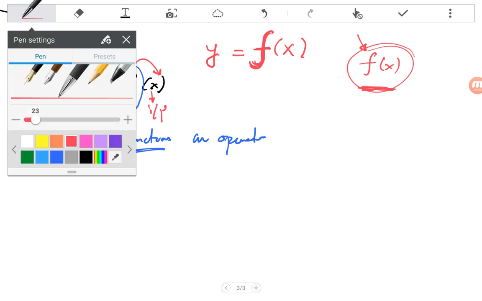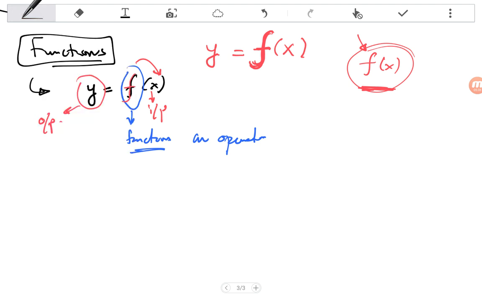Okay. Now, how to specify a given function? How are two functions different? The first specification of the function is how it operates on the input. For example, I can say that f of x is x cubed. That is a function.